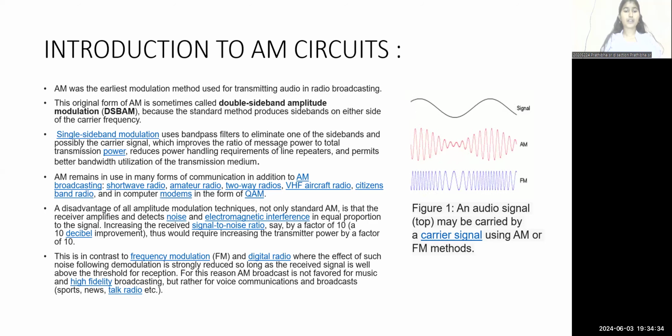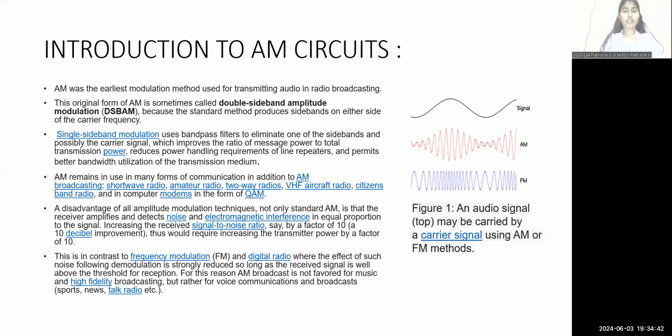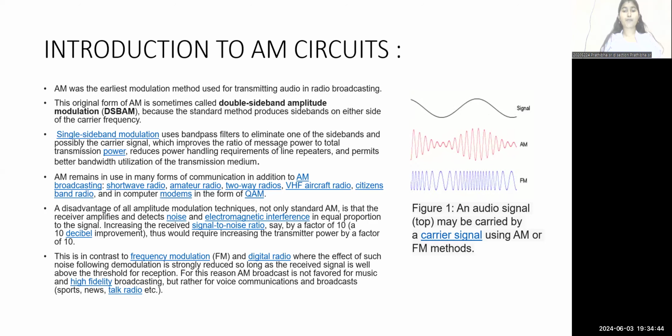Single sideband modulation uses a bandpass filter to eliminate one of the sidebands and possibly the carrier signal, which improves the ratio of message power to total transmission power, reduces power handling requirements of line repeaters, and permits better bandwidth utilization of the transmission medium.